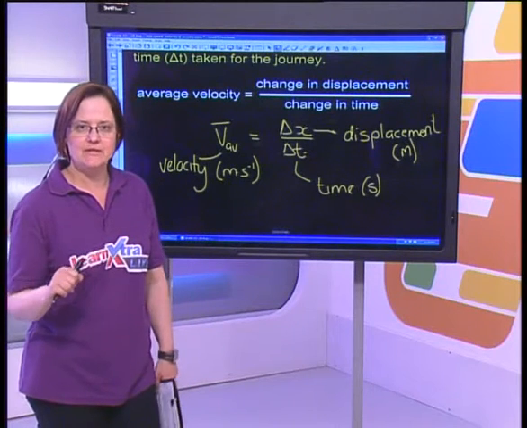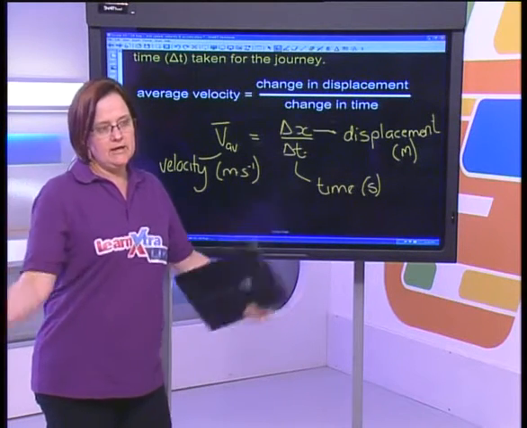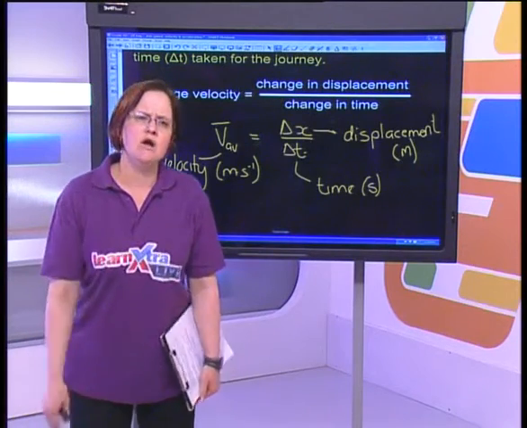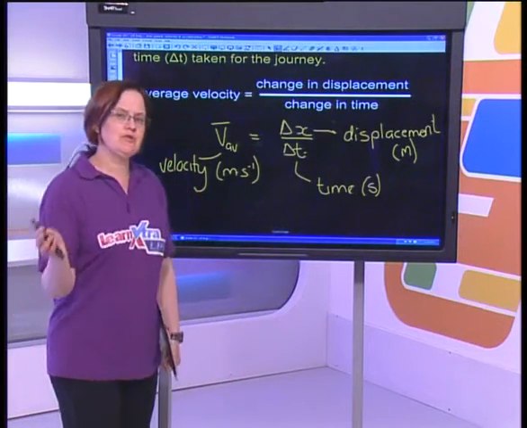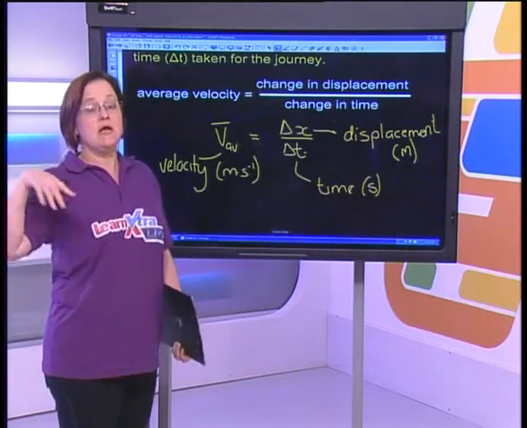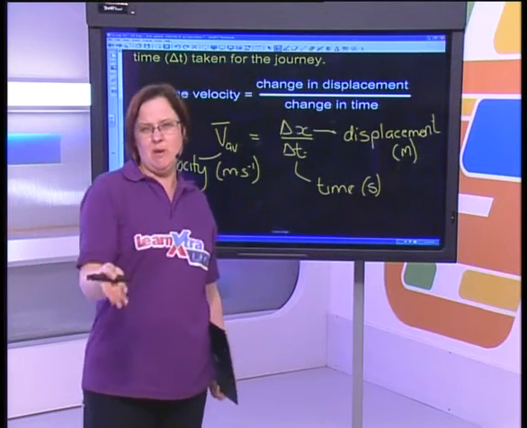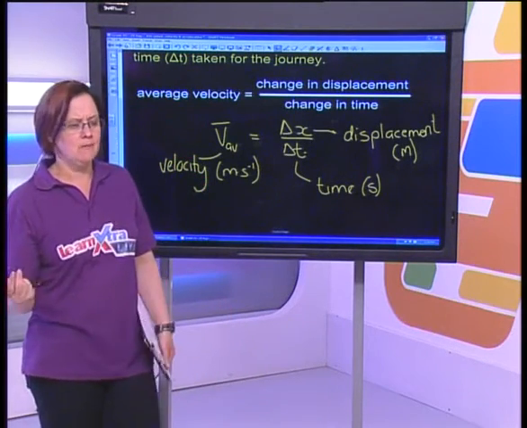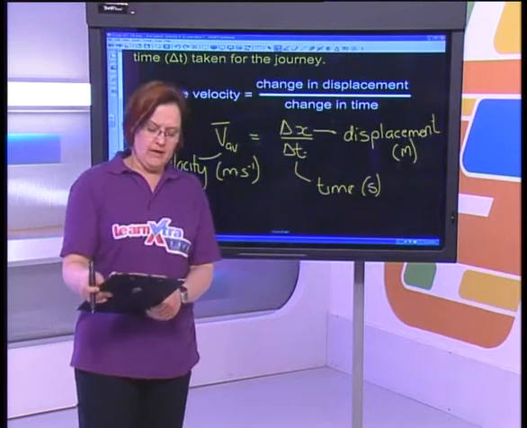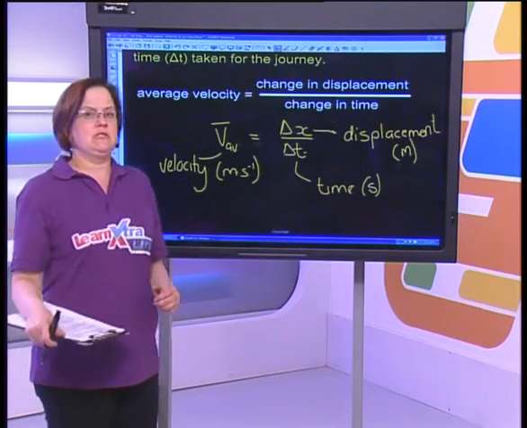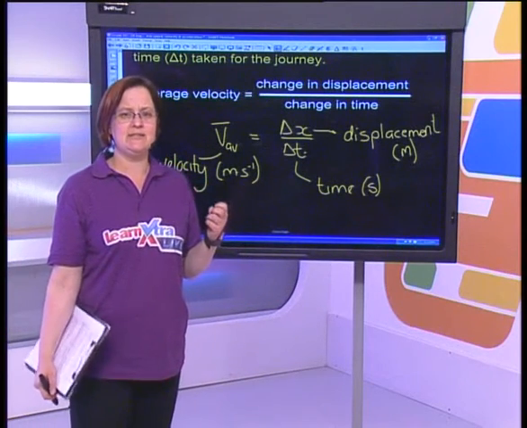Please be careful here, grade 10s. When it comes to describing the motion of cars and aeroplanes and bikes and motorbikes, we often want to use kilometers per hour because it makes more sense. If we had to say the speed on the highway is 30 meters per second, that would be a little silly.